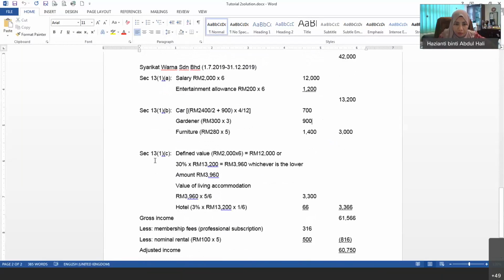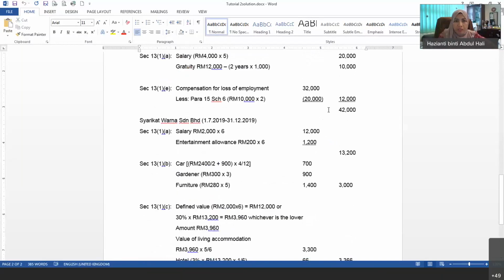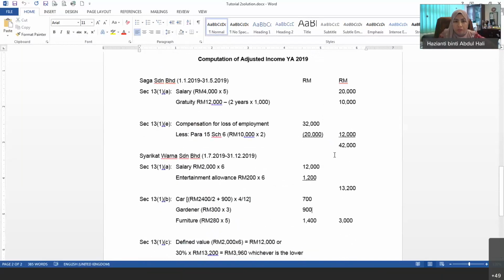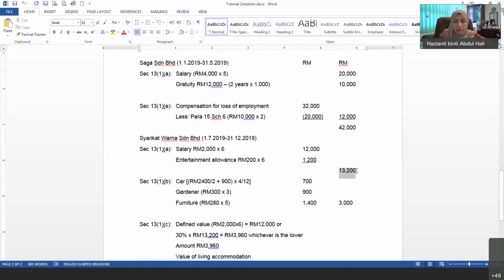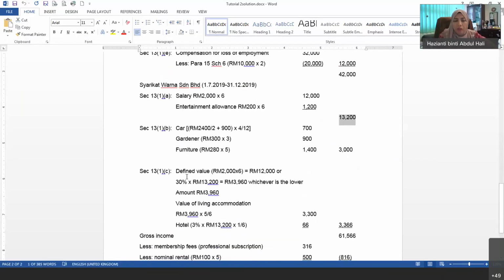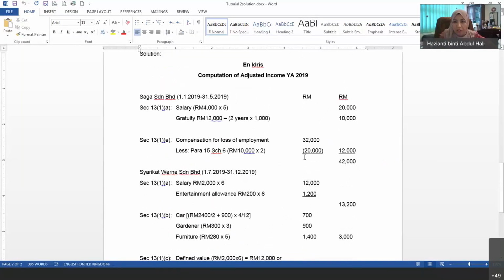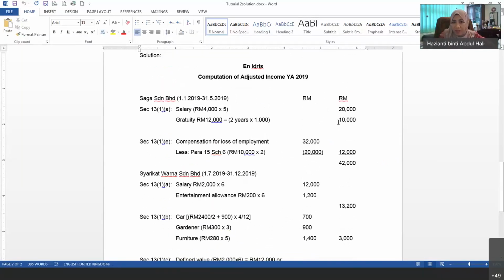Section 31C, we have the defined value. The rental of the house is 2,000 per month, so 12,000. 30% of section 13(1)A, 13,200. For this company, the 30% of section 13(1)A, you cannot take together with Saga Sdn Bhd.